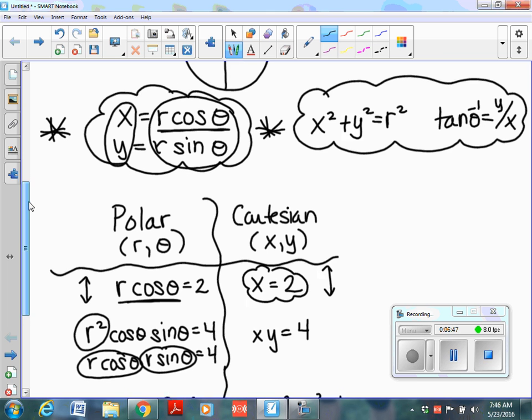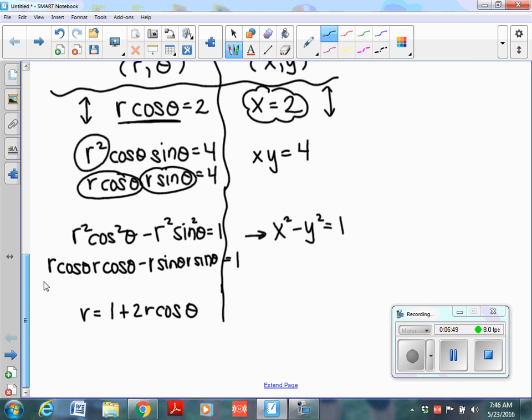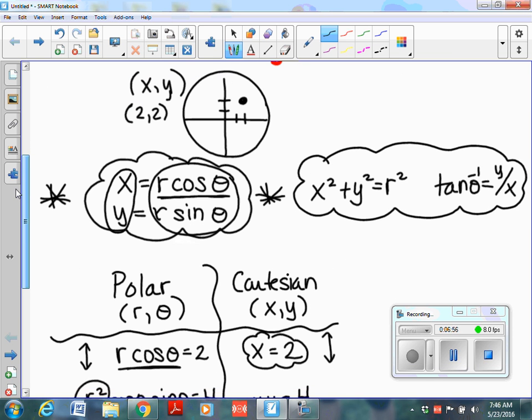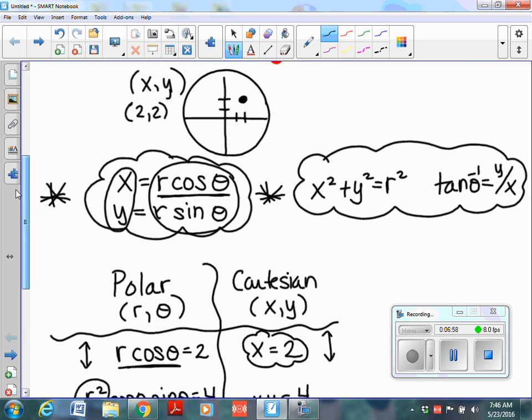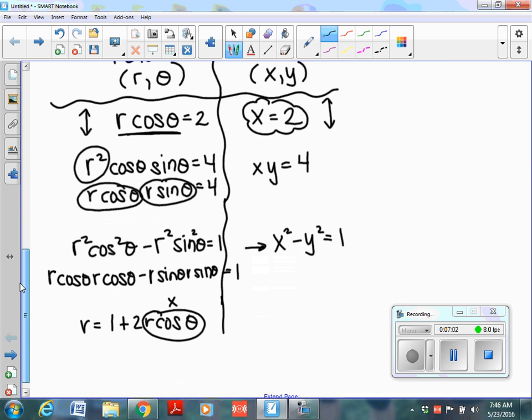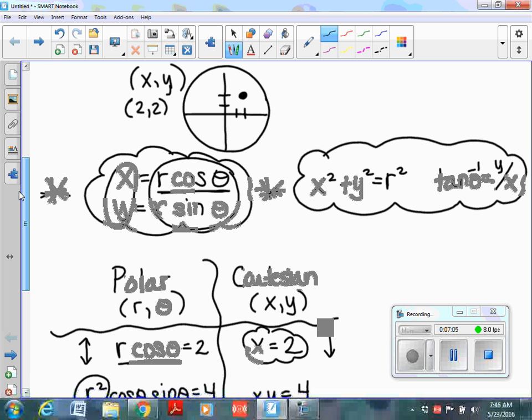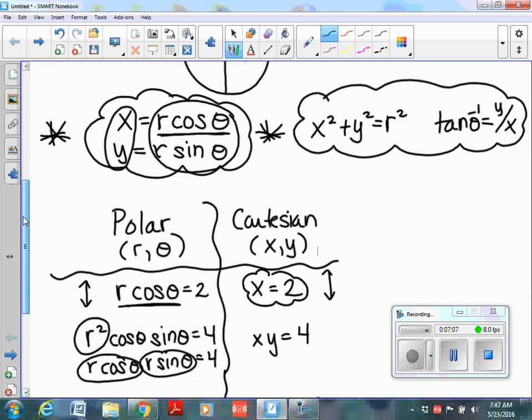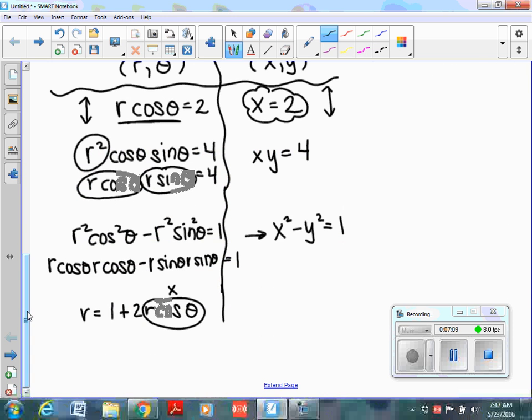I'm going to switch this to x, and all I'm going to do is take the square root. r squared is equal to x squared plus y squared, which is going to equal the square root of x squared plus y squared equals 1 plus 2x.